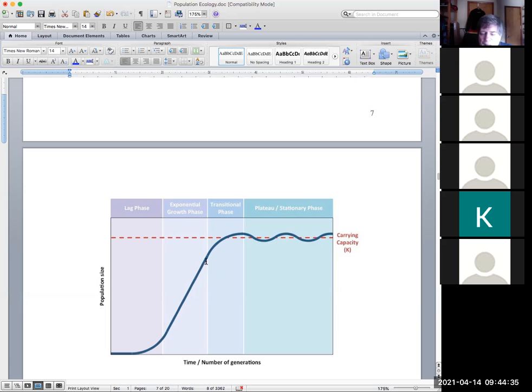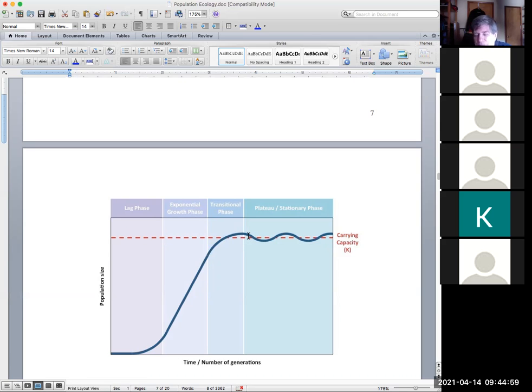So with a population, there's no sensor like a thermostat, but a population overshoots the carrying capacity slightly. When it does, resources are in short supply. Maybe there's not enough food to go around. Maybe there aren't enough mates to find. Maybe there aren't enough hiding places to hide from predators.